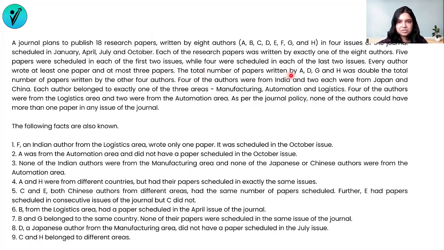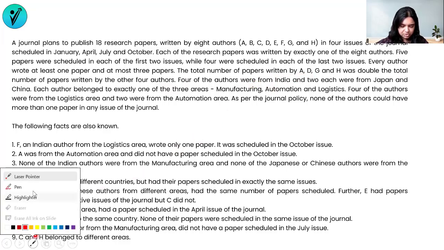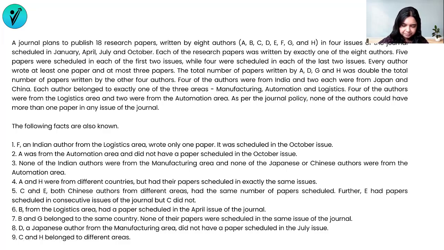The total number of papers written by A, D, G, and H was double the total number of papers written by the other 4 authors. So if I directly start solving it over here itself, let me write that down for us to have an understanding. The total number of papers by A, D, G, and H was double the total number of papers written by the other 4 authors.